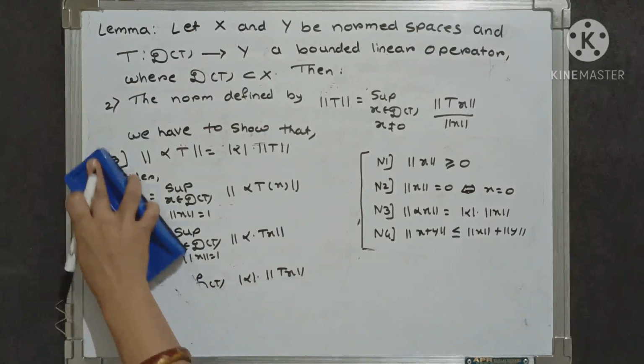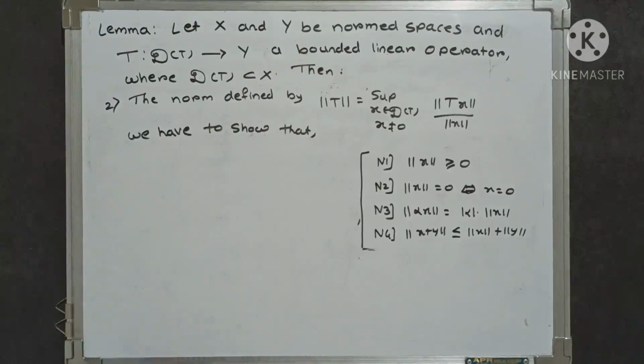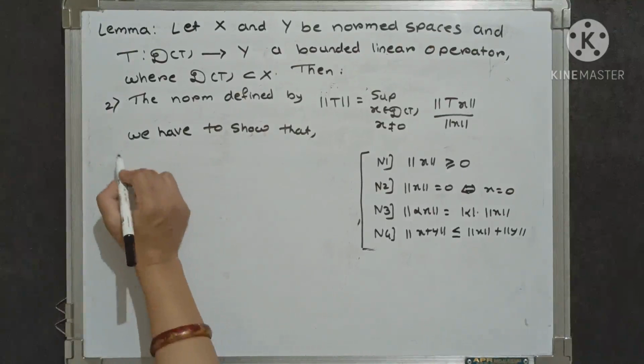Now we have to prove the last axiom of a norm, that is the triangle inequality. So for this, here we take two bounded linear operators.